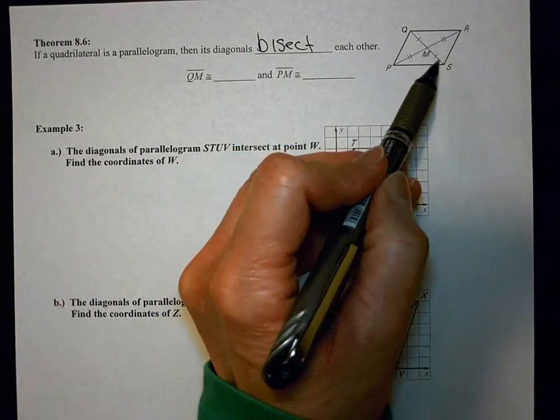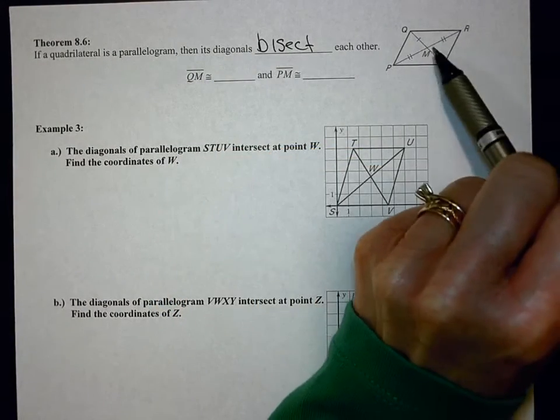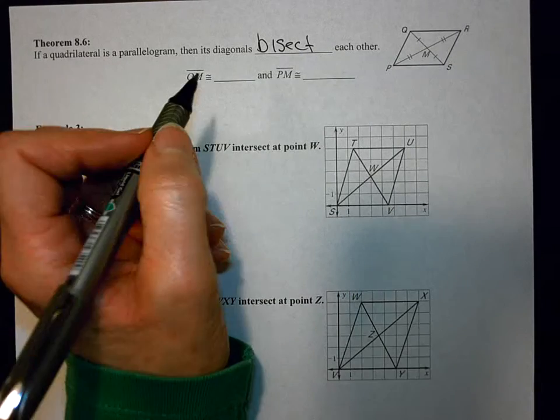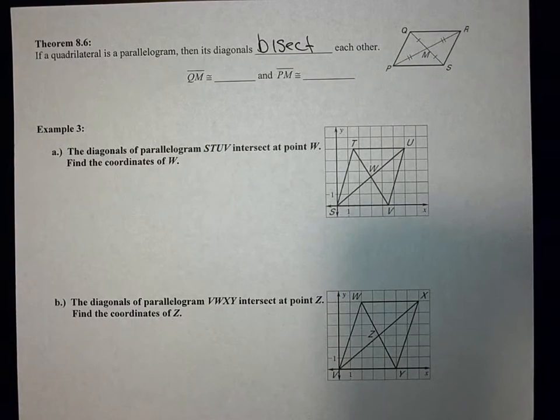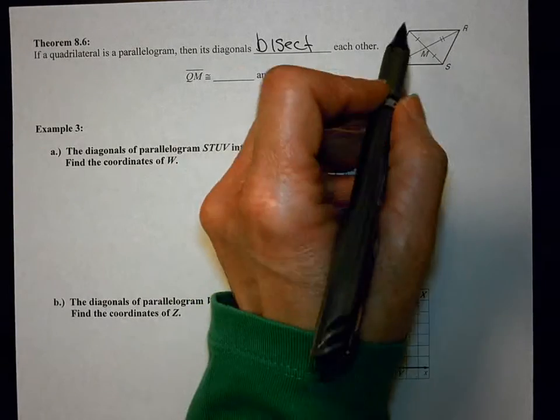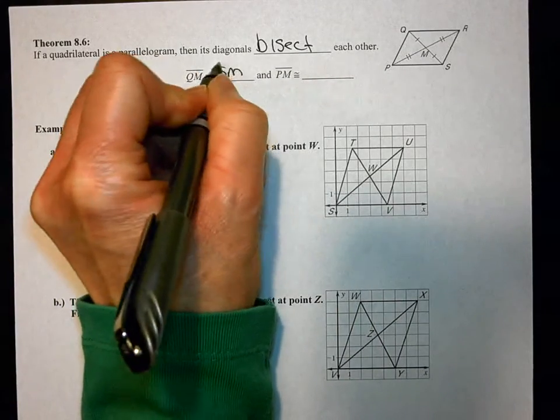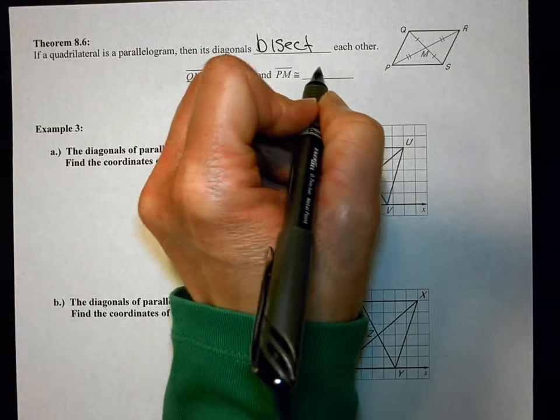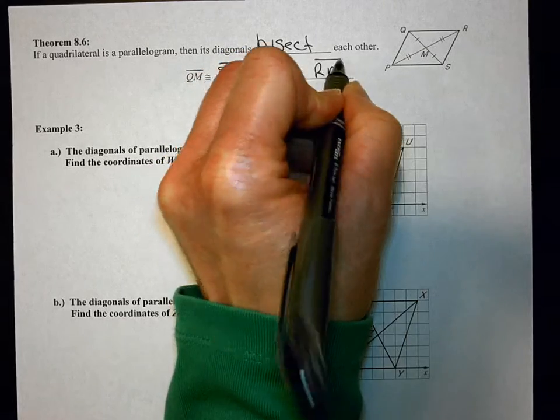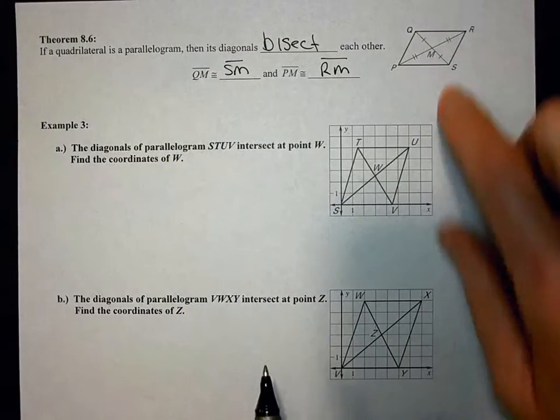So QM will be congruent to MS, PM will be congruent to MR. So we'll fill in the spots. QM will go with SM, and PM will go with RM. So the two pieces are congruent.